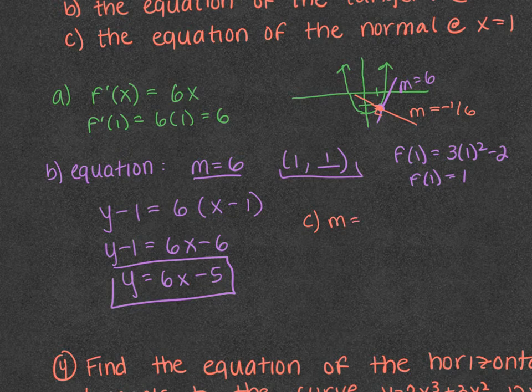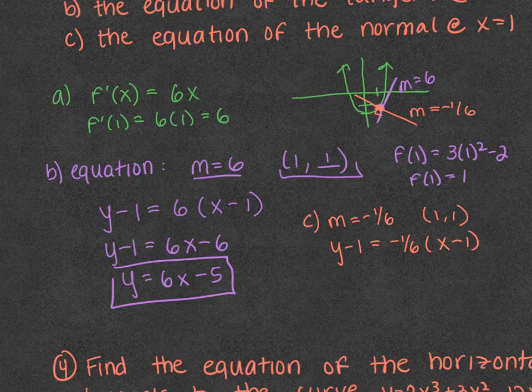So I have a slope, I have a point, and then again, we're going to find the equation of this line. Whichever form you want, I'm going to use this one again: y minus 1 equals negative 1/6 times (x minus 1). And then you could leave it there or you could put it in slope-intercept form.